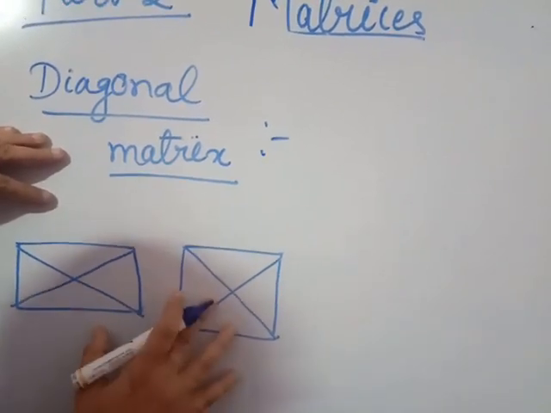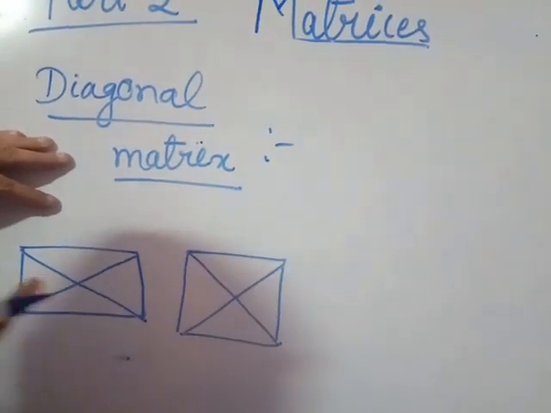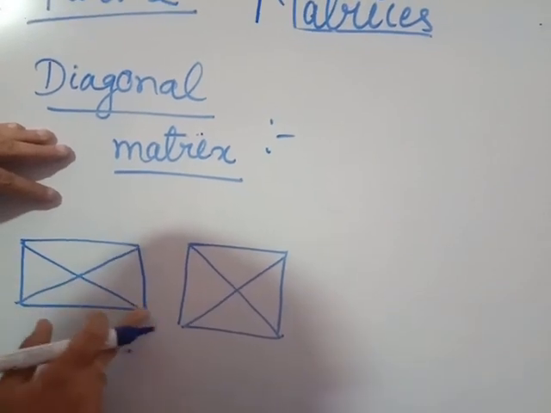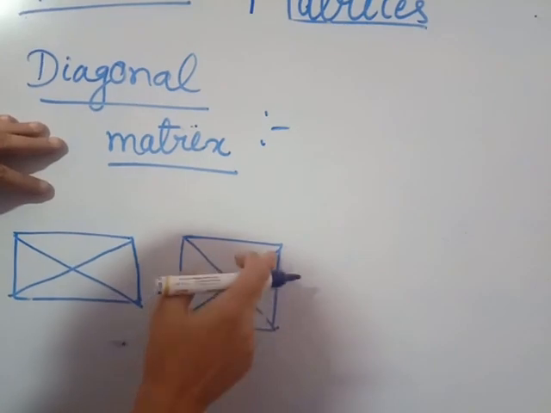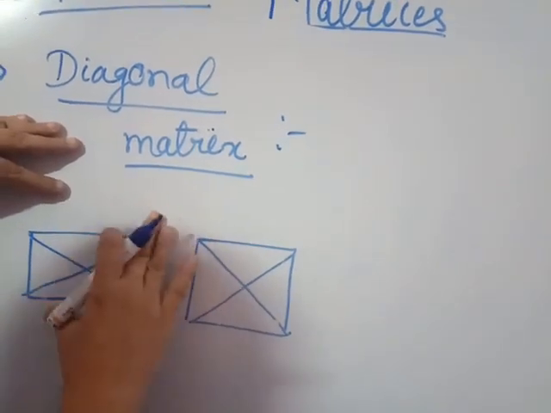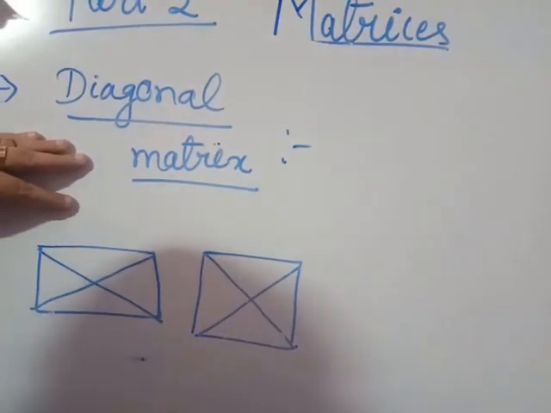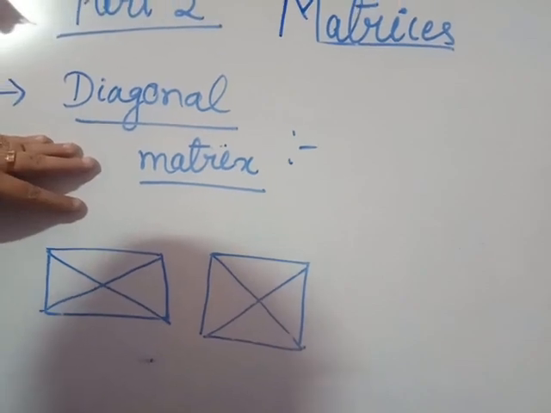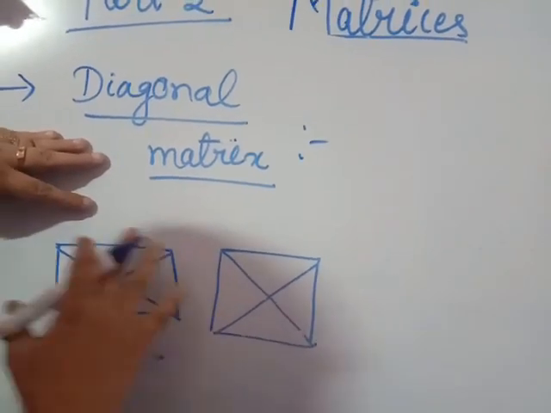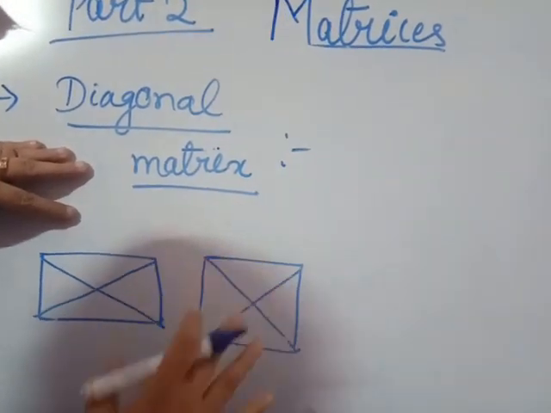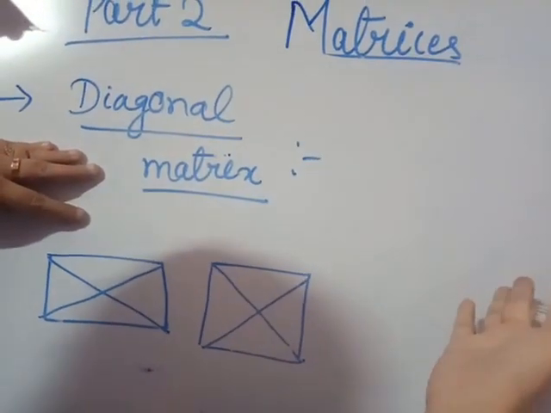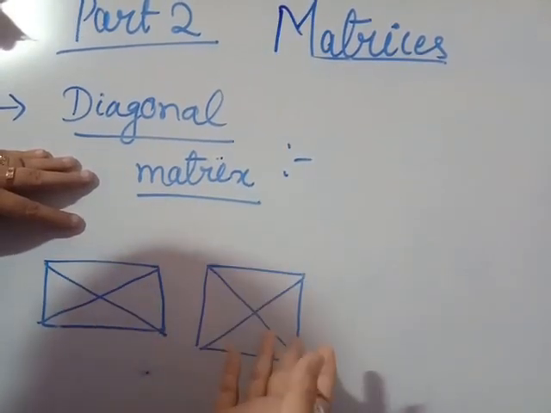In this format only, if the elements are like this, then it is called the diagonal matrix. Then definitely a question arises in your mind: what about the other elements, since the matrix can be rectangular or square?